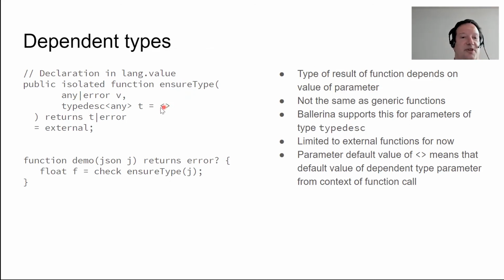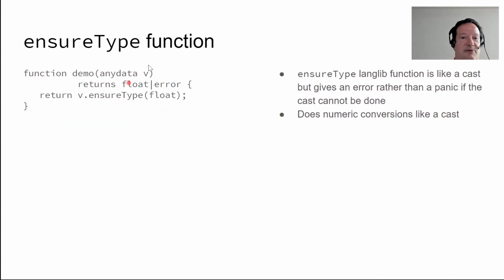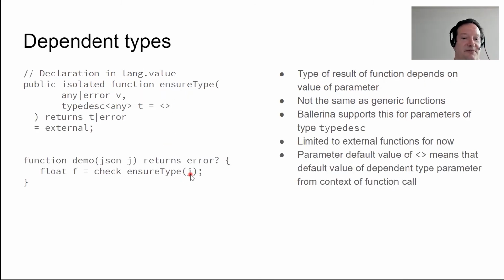What this means is that this parameter can be defaulted from the contextually expected type. So here we could actually leave out float, and the reason we can leave out float is that we've said here that this returns a float or error. So we actually know what we want, and the caller can default it from that context.